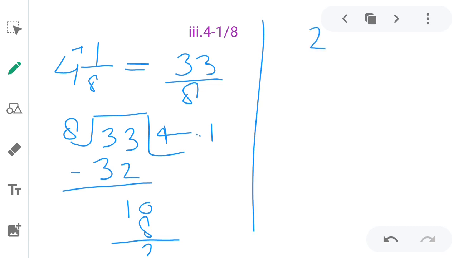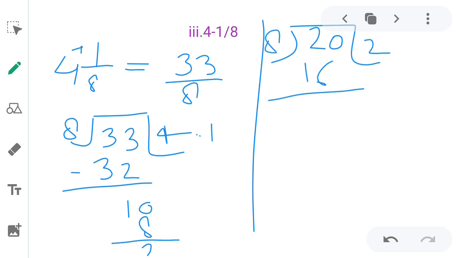Then we have a decimal. We can write 0 again. 8 twos are 16. Subtract them. 4 left. This is 4. Let me write it neatly. Then we write 0 here. So 8 fives are 40.